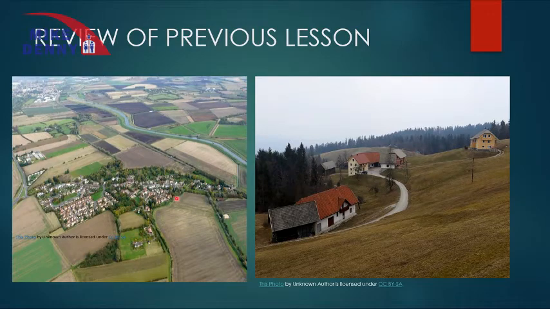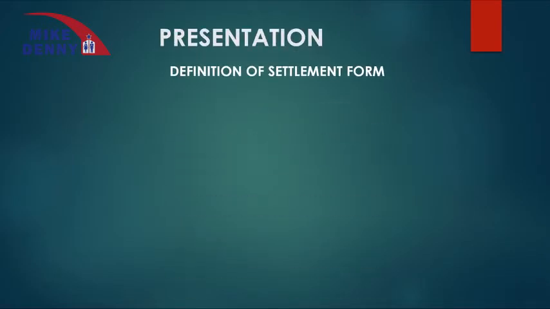That means the population is concentrated around this area. Meanwhile, in this other picture, we have settlements which are separated or isolated from each other. That is what we saw in last class.